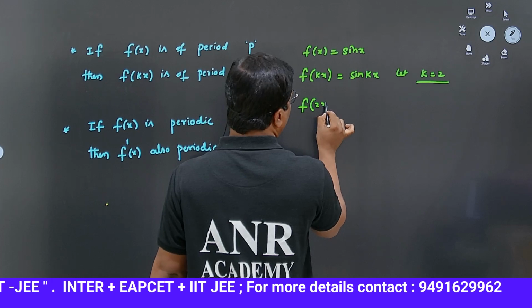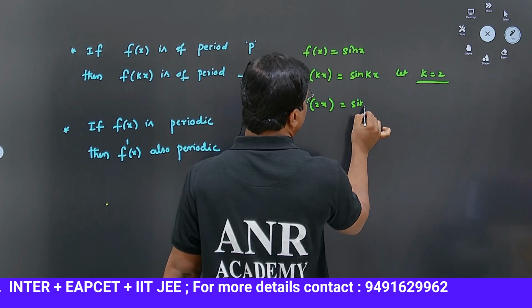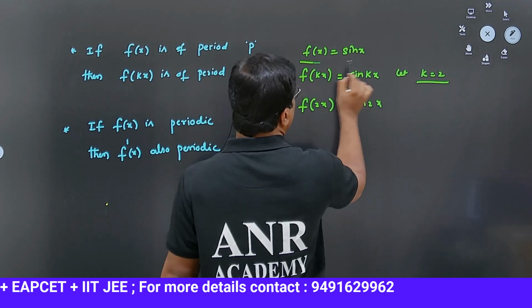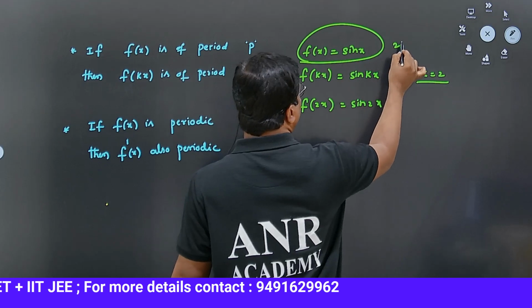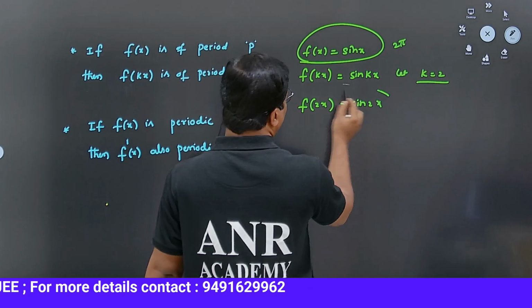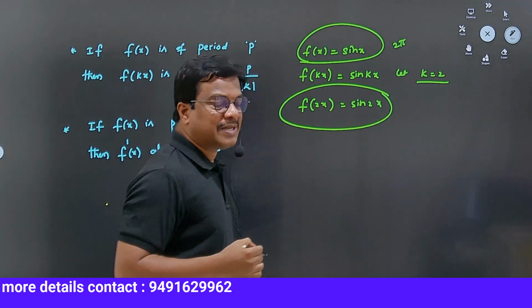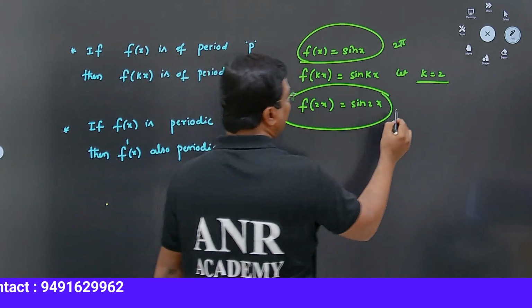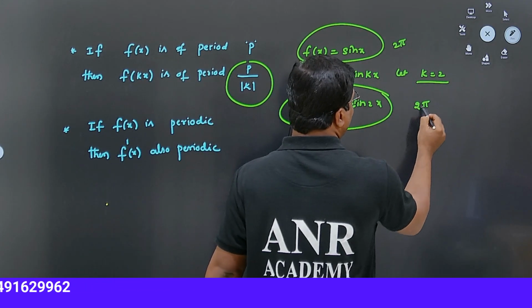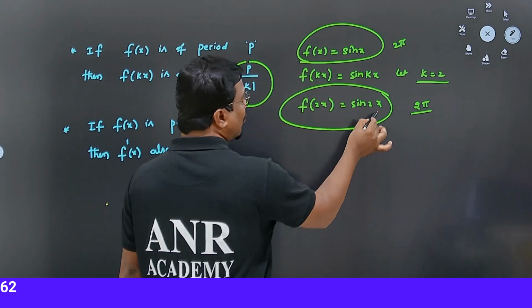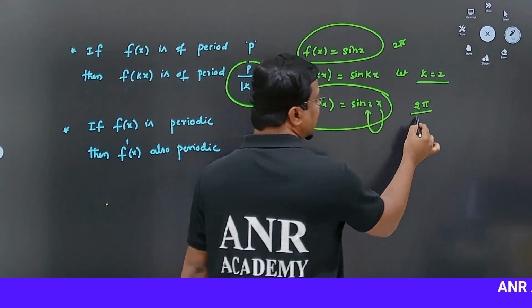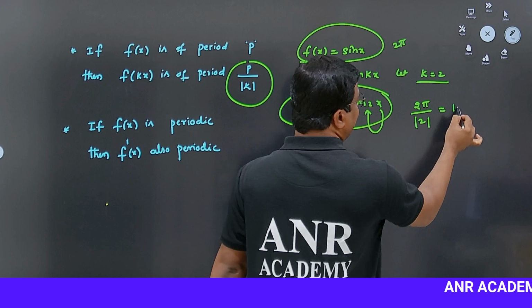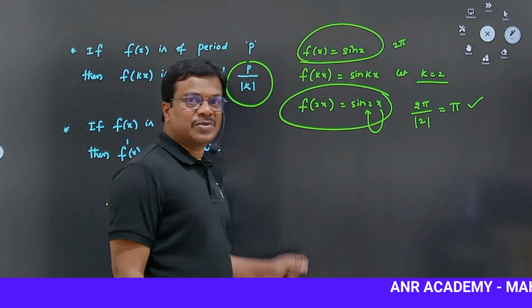Then f of 2x becomes sin 2x. If f of x is of period p, that is 2 pi, then by this property the period of sin 2x must be p by modulus k, that is, 2 pi divided by the coefficient of x with modulus sign. So it must be pi. Let us observe the graph.